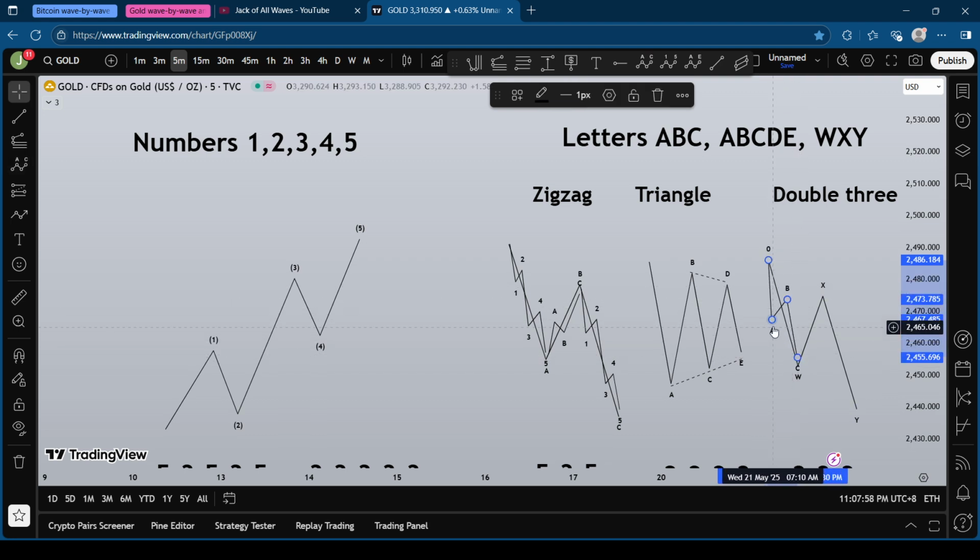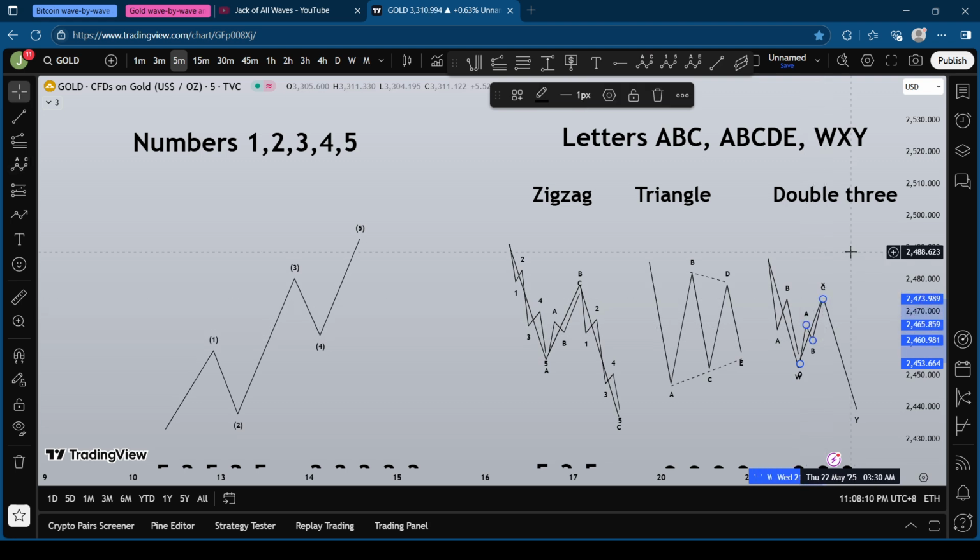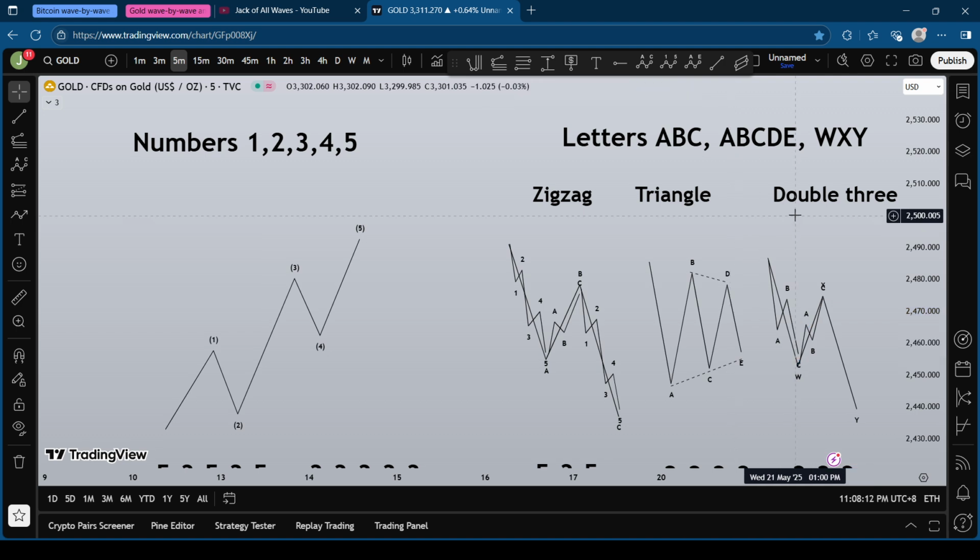So for the W, it is composed of 3 internal waves labeled as ABC. For the X, the transition wave X is ABC again, or 3 waves, and then another 3 waves down for the Y.